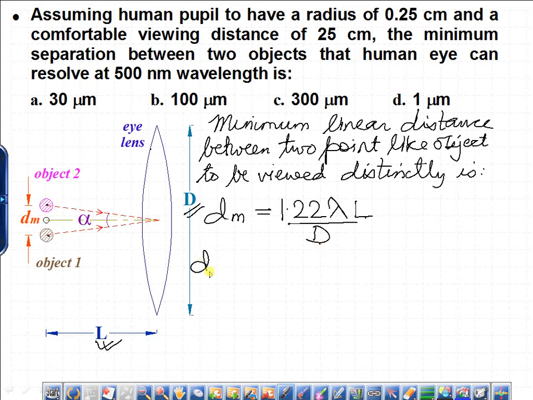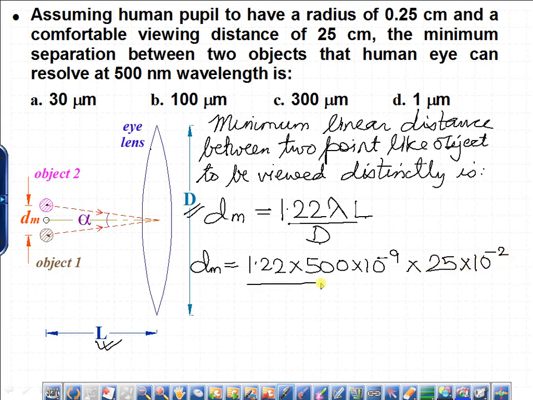Putting in the values, we get dm equal to 1.22, lambda replaced as 500 into 10 raised to minus 9, L replaced as 25 centimeter, that is 25 into 10 raised to minus 2 meter. The radius of the aperture is given, so the diameter of the aperture will be 2 into 0.25 into 10 raised to minus 2 meter.